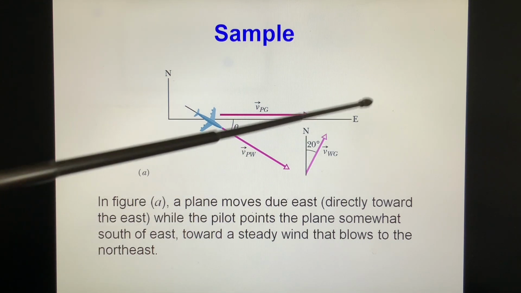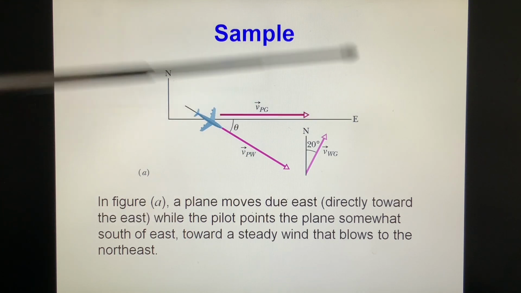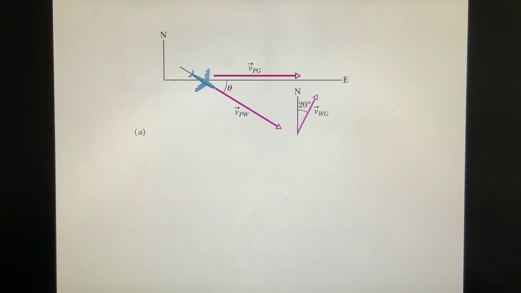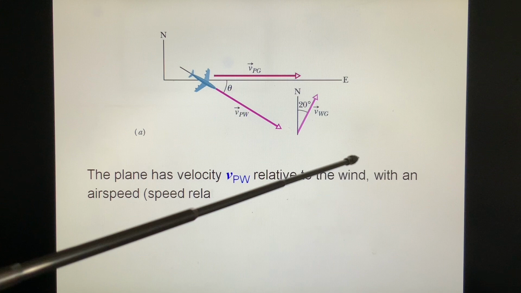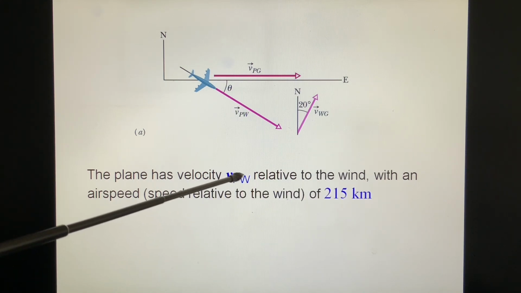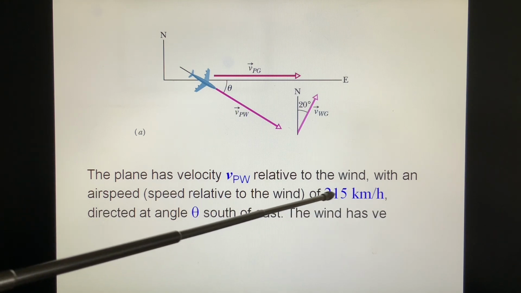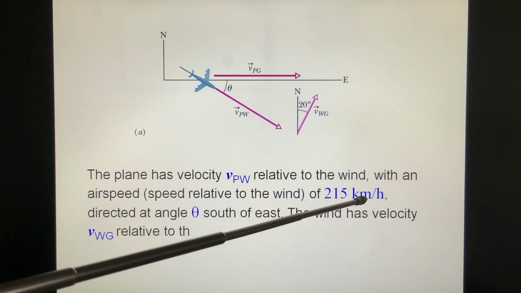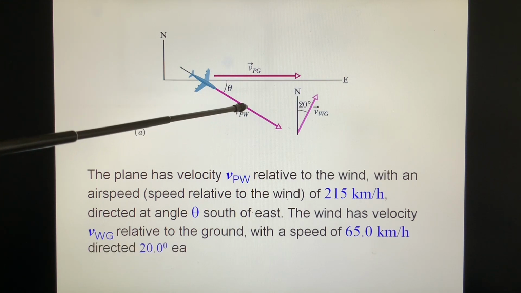So this one plus this one equals this one, which is east. The plane has velocity VPW, the velocity of the plane relative to the wind, with an airspeed of 215 kilometers per hour. This direction, I know this one, VPW.